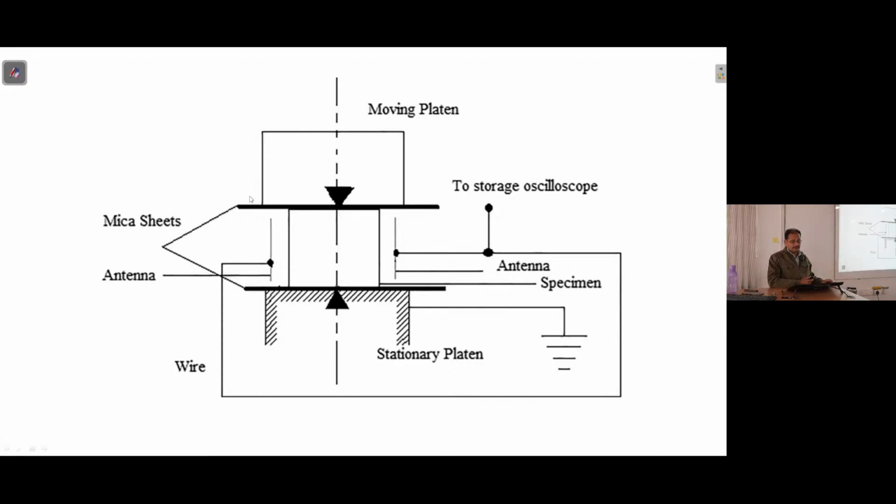Then again, these mica sheets are placed like the insulators we have been placing in the previous cases also. And then this sample is placed in between, and these lines actually are sheets of copper again, just like the previous cases.